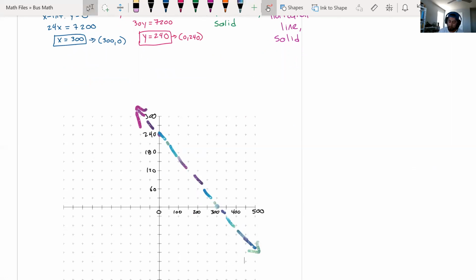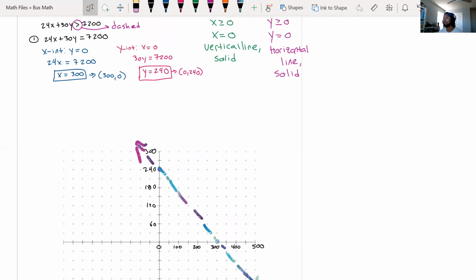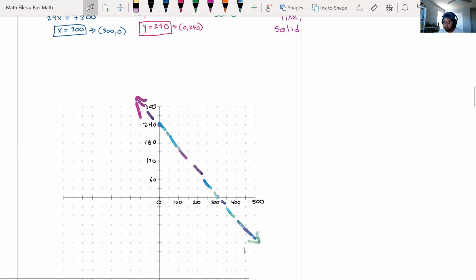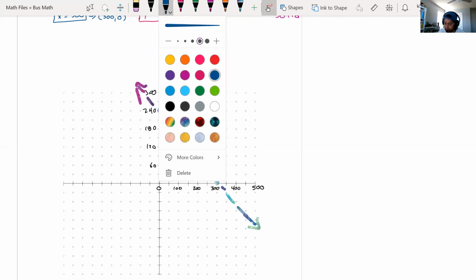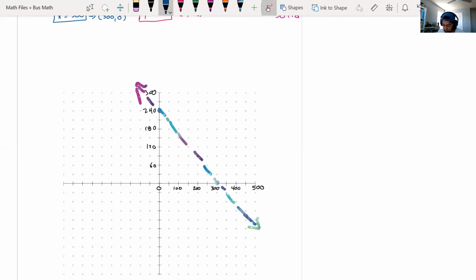And then we have to graph the other lines. X equals 0, so that's a vertical line. I'll do this in blue. All this is going to do is create a vertical line at x equals 0 going down the y-axis.